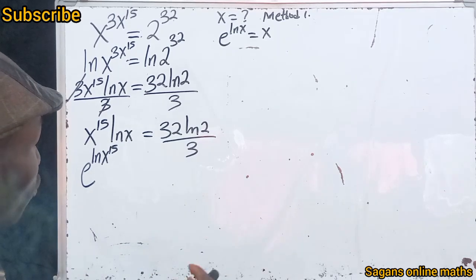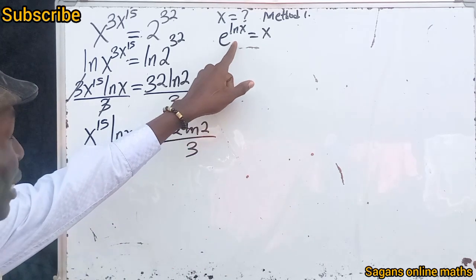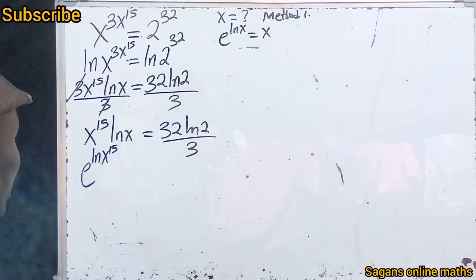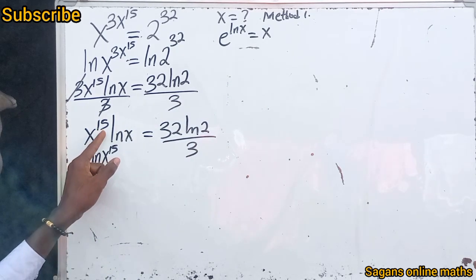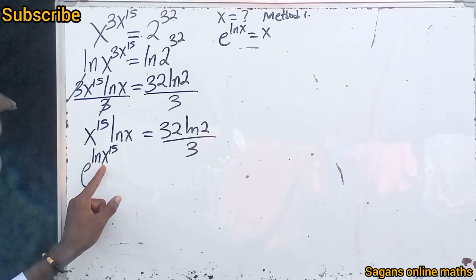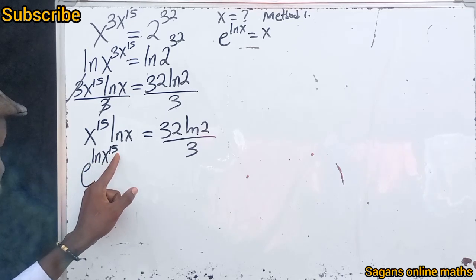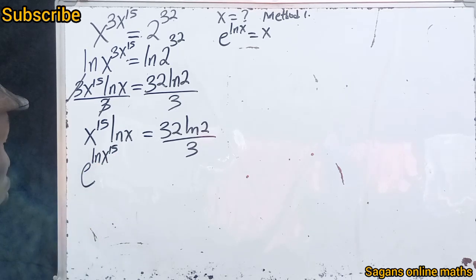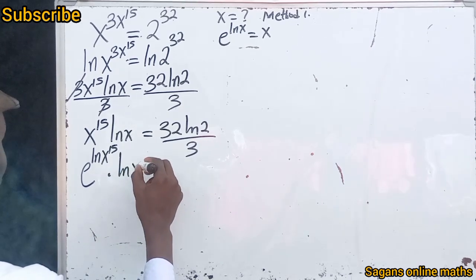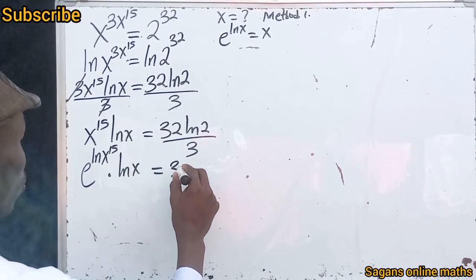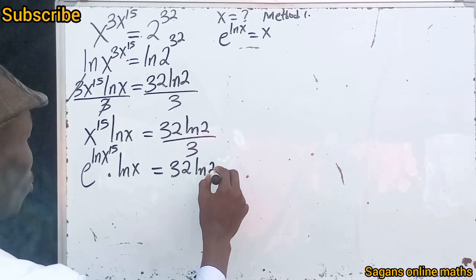If you're watching my previous videos, I've proved to you why e raised to the power of ln x equals x. So I'm not wrong to write x to the power of 15 as e raised to the power of ln x to the power of 15, because the base here is e. Then multiply by ln x, equals 32 ln 2 divided by 3.